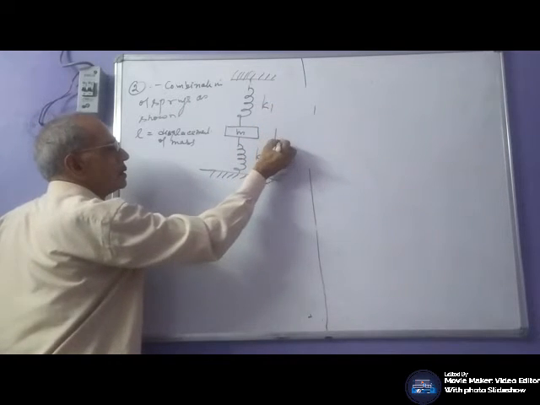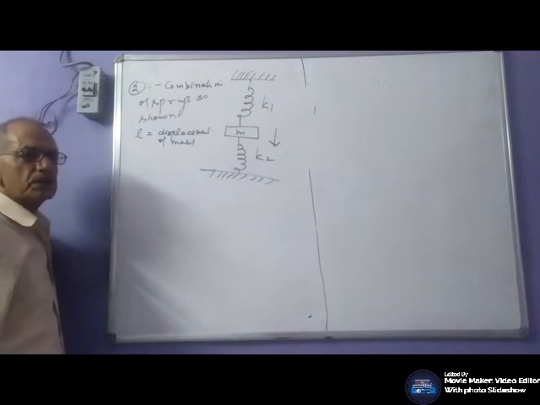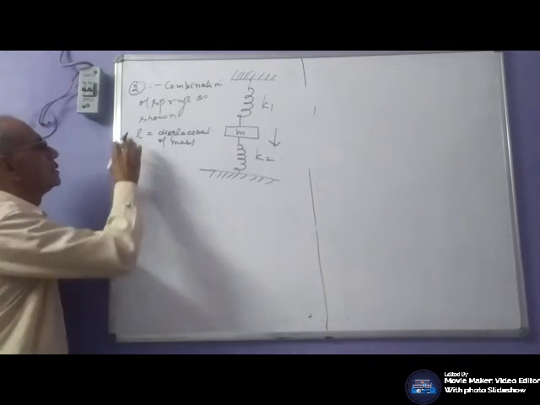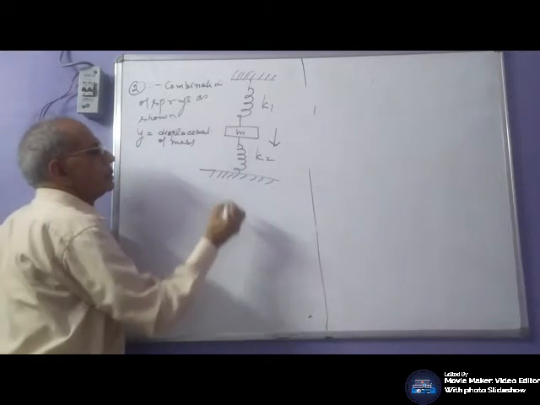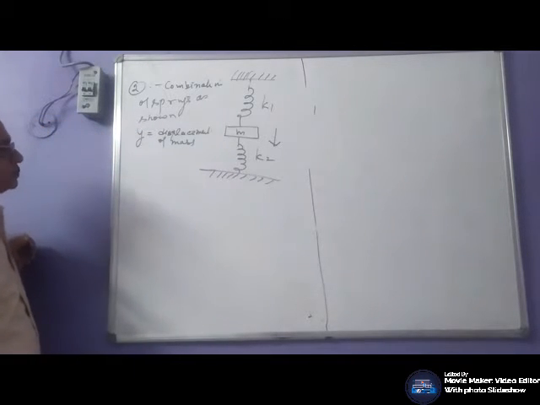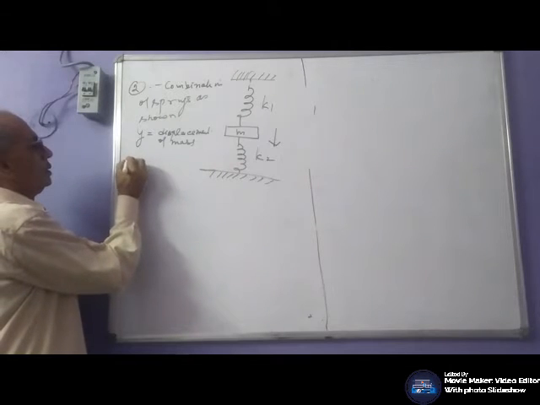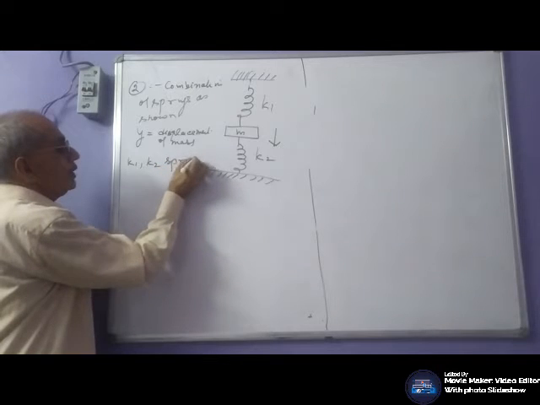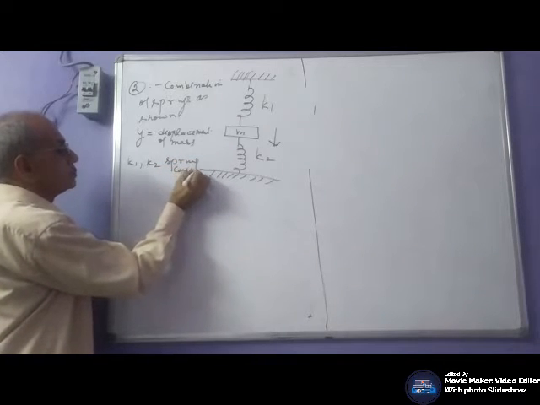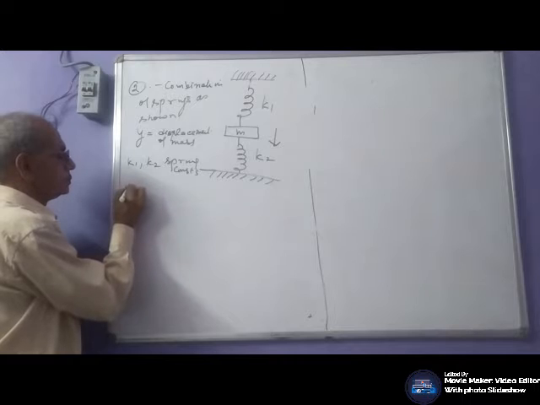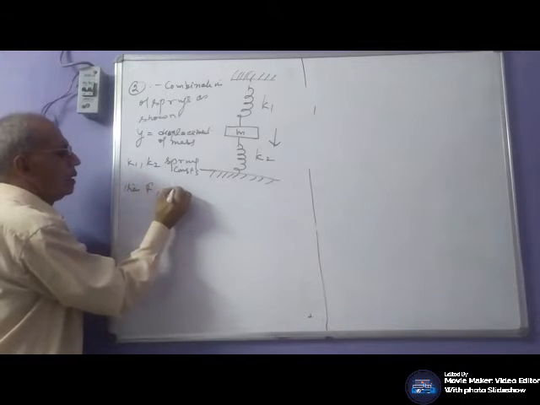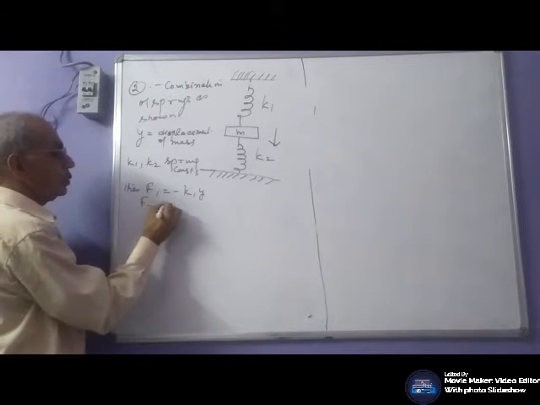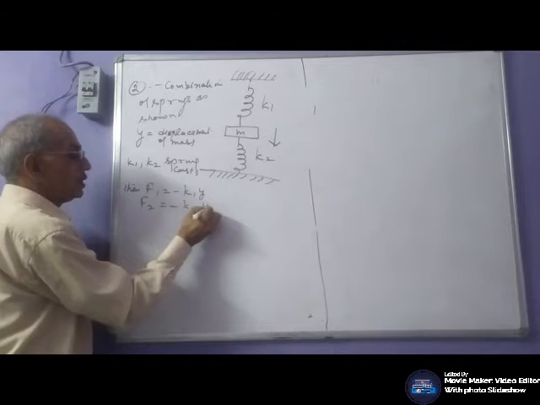Displace it downward by L, or Y as you wish. Y is displacement. K1, K2 are spring constants. Then F1 is K1y, F2 is K2y.